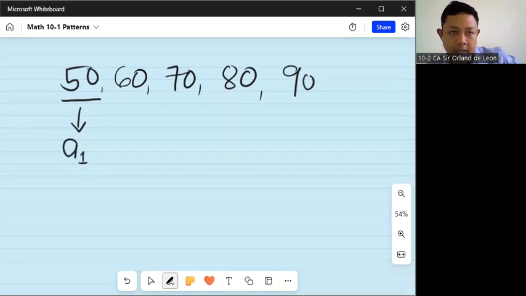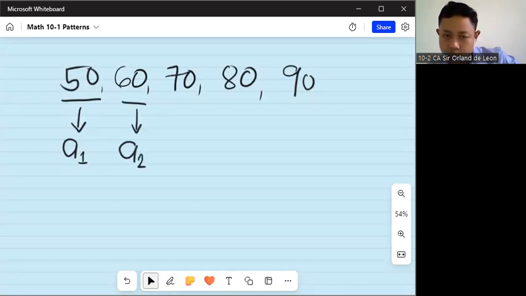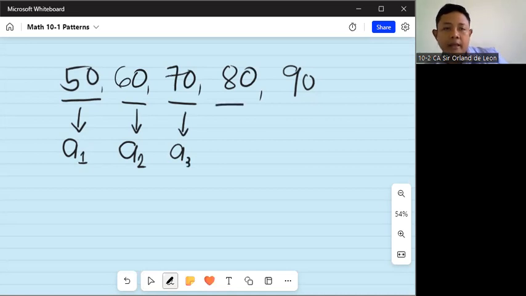Can you follow? The next term, the second term, is symbolized by A sub 2. And then the third term is A sub 3. Sub 3 meaning the 3 is a subscript. It's a smaller number below the letter A. And then the fourth term is written as A sub 4, while the last term, in this case, we have 5 terms, is expressed as A sub 5.